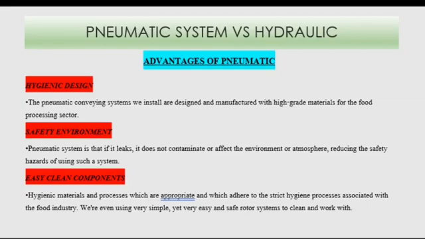Third is easy-to-clean components. Hygienic materials and processes are appropriate and adhere to the strict hygiene processes associated with the food industry. We are even using a very simple yet easy and safe rotor system to clean it, and it is worth it.